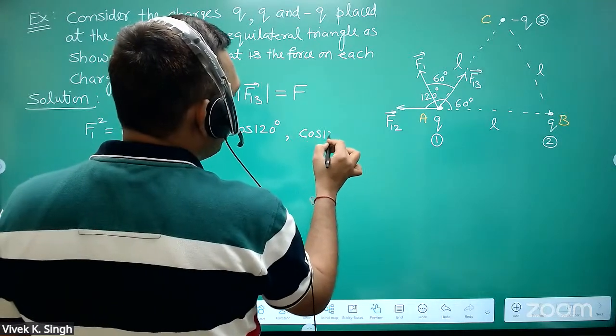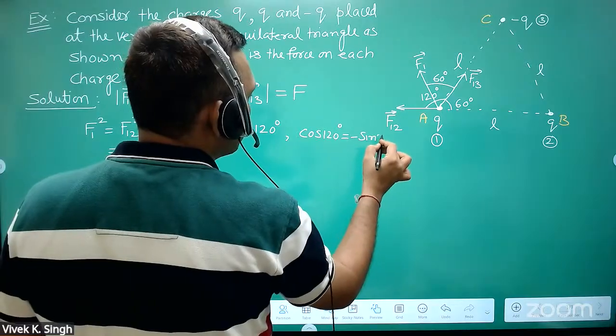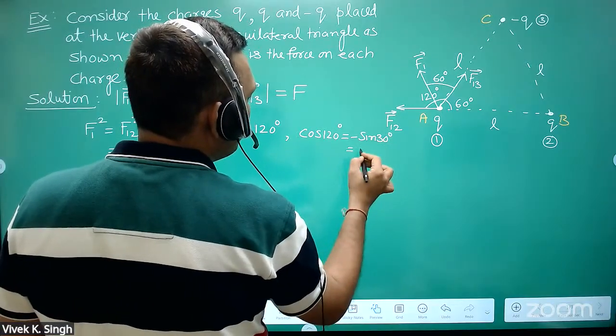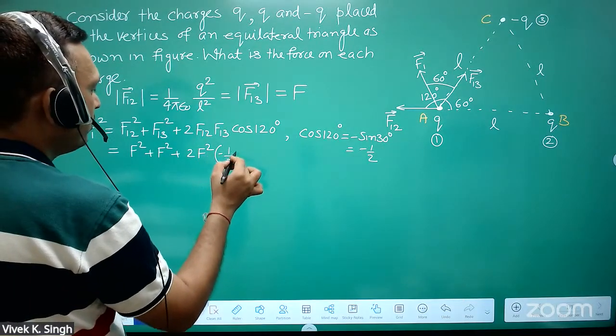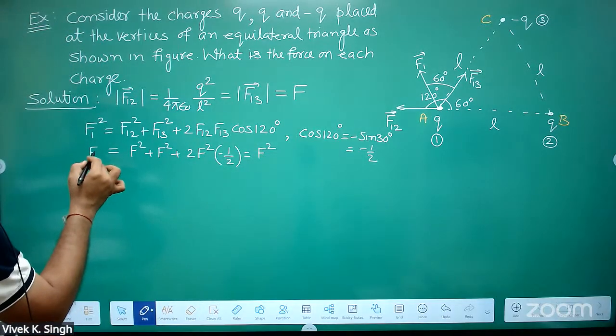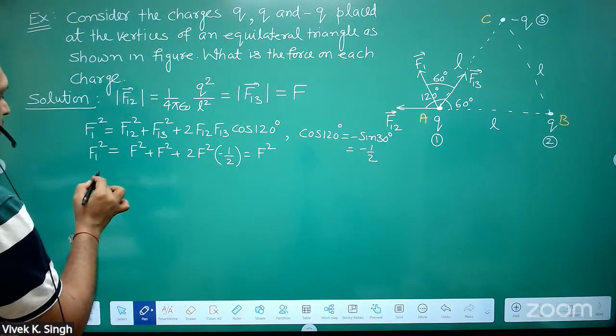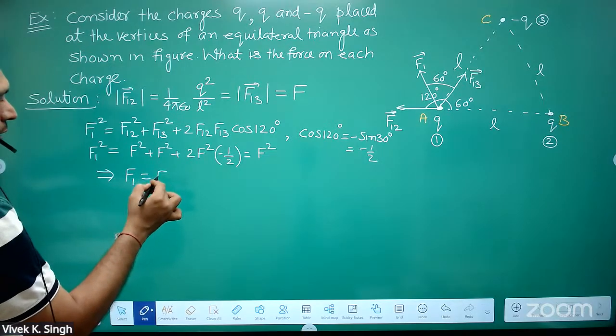Cos 120 degrees, cos 90 plus 30, so minus sin 30. This value is minus 1 by 2. So into minus 1 by 2, this simply becomes F square. F1 square is F square. So the magnitude of F1 is simply F.